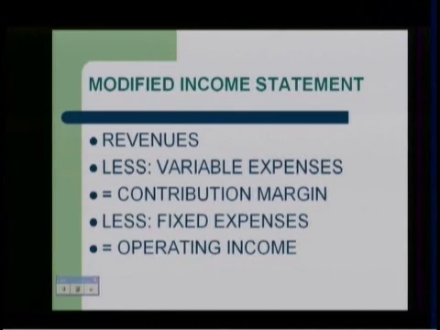So it's just another way of taking the same information we had on our previous income statement, which was sales minus cost of goods sold minus operating expenses to get operating income. We just take those expenses and break them down into fixed and variable components. This gives us a new method of doing an income statement called the contribution statement format.